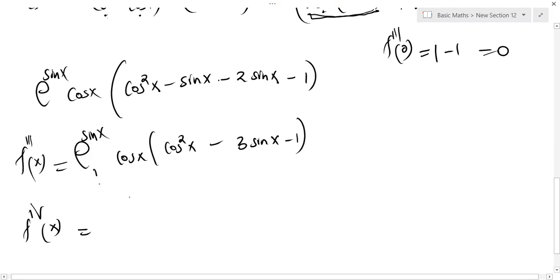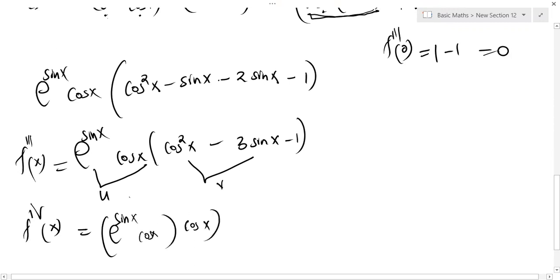Differentiating this, let's call the whole of this u, and let's call this v. Then you want u prime v plus v prime u. So u prime, we will use the product rule. I'll first start by differentiating this. I'll get exponential sin x cos x multiplied with cos x, plus I differentiate cos x, now I get minus sin x multiplied with exponential sin x.